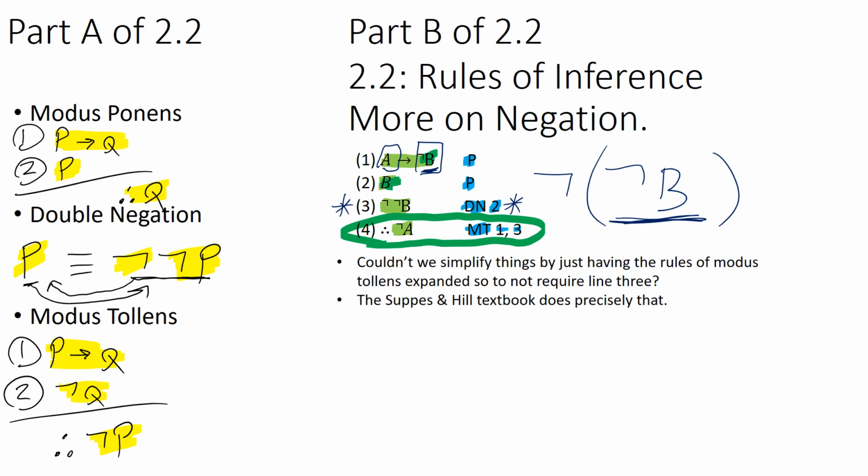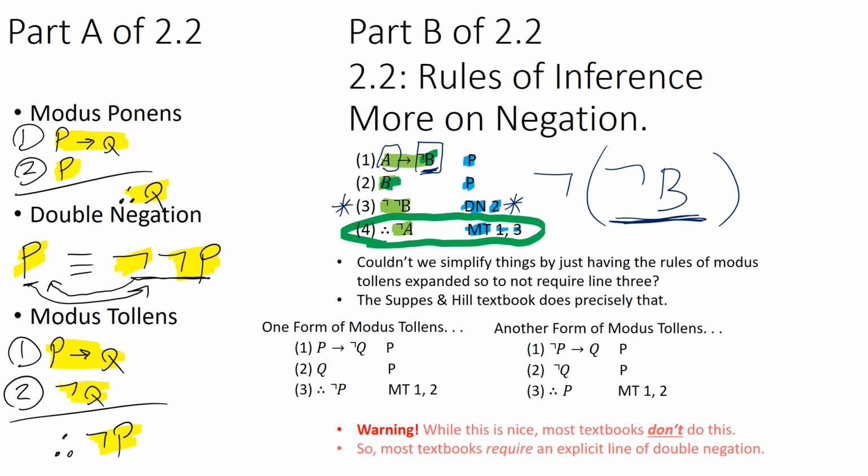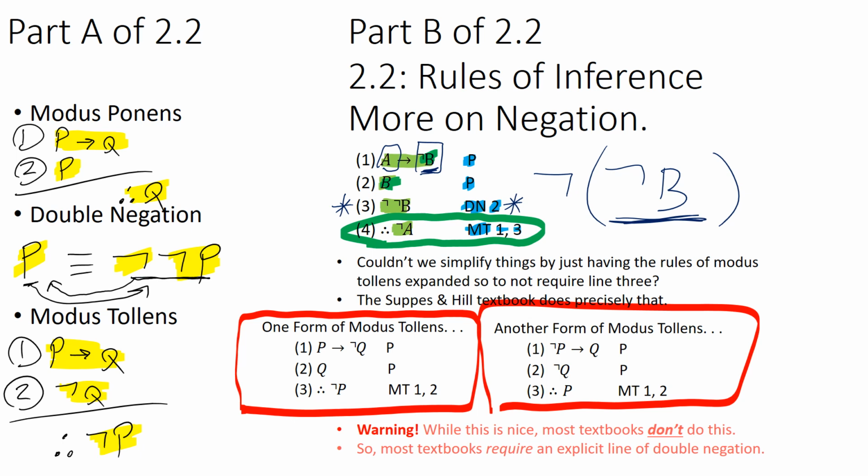Most textbooks don't, though. So here, for example, are two forms of modus tollens. We have this form, and we have this form. If we consider this form, we have the argument: premise 1, if P then not Q, premise 2, Q, therefore not P by modus tollens. So that incorporated the notion that Q and not Q are contradictory vis-a-vis each other.